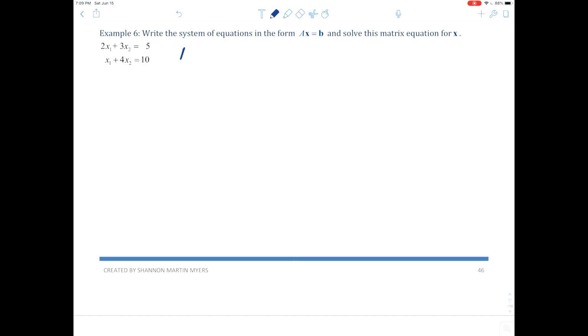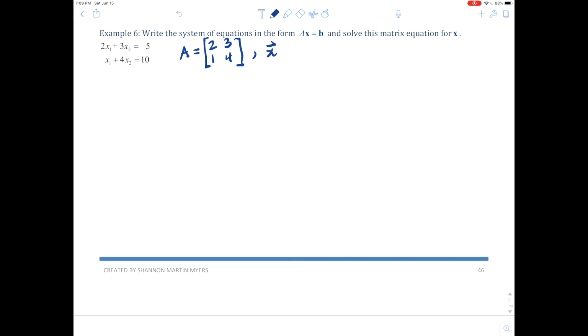So here we want to look at, okay, well, why don't we just look at it? What is our matrix of coefficients? Beautiful. 2, 3, 1, and 4. How about our matrix of variables? Awesome.